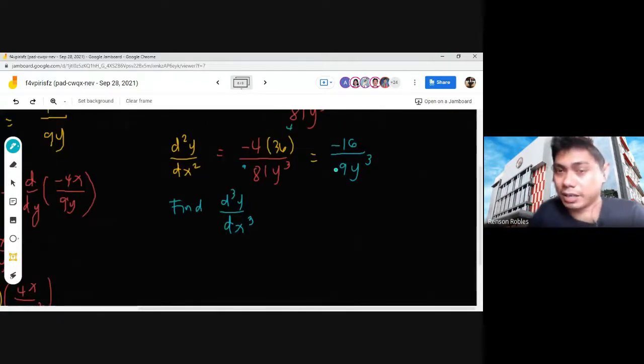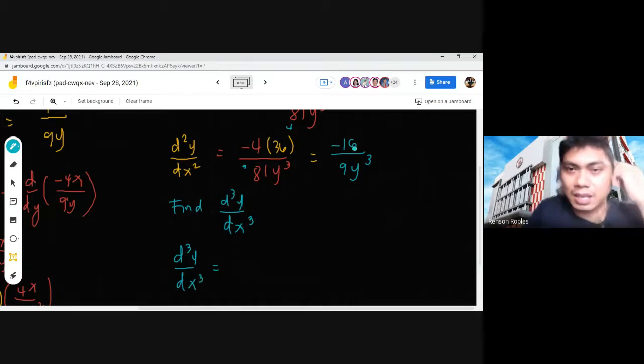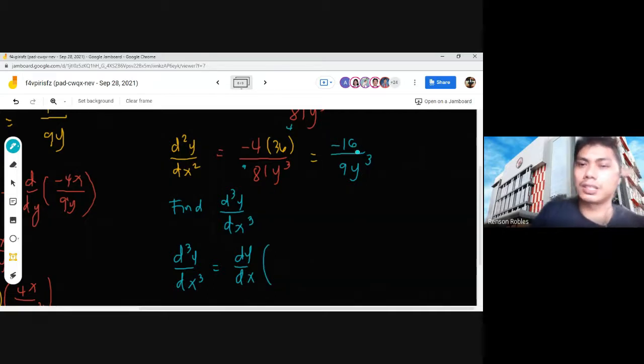Madali na to. Okay? So, kasi when you differentiate this in terms of x, 0 na to. In terms of y, maglalagay ka lang ng dy dx. So, the third derivative of y in terms of x equals derivative nito in terms of x is 0. And then derivative nito in terms of y, you simply affix dy dx. Then times, what's the derivative of negative 16 over 9y cubed?